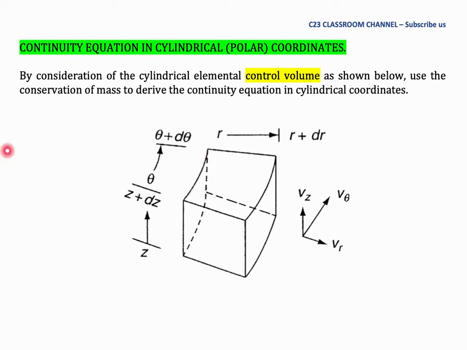From the center point to this point is r plus dr, which means the length of this element is dr. For the height, this is the z-axis, so this is the height z, and at this point the height becomes z plus dz. It means the distance here is dz.